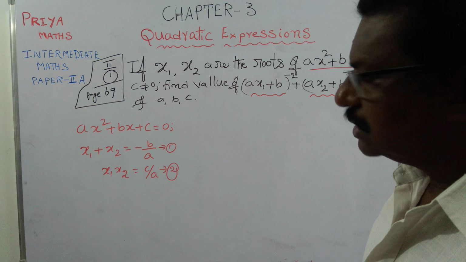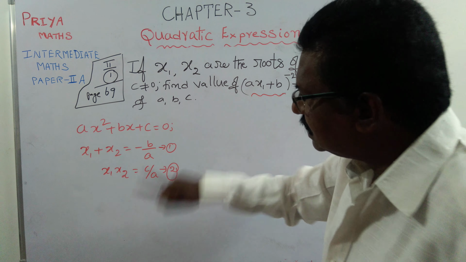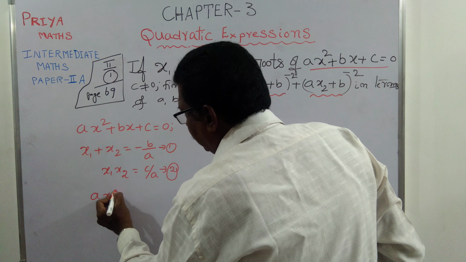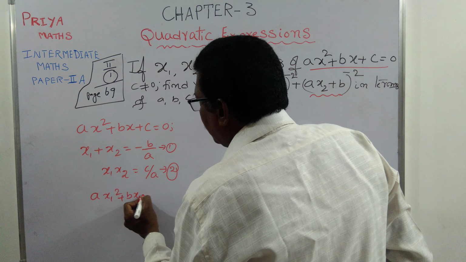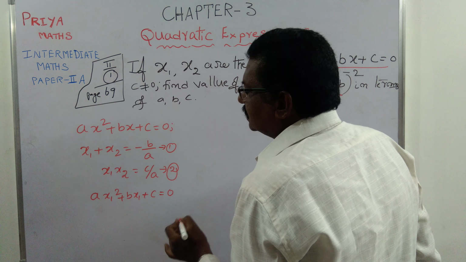Next, suppose x1 is a root of this equation. This equation can be written like this: a x1 square plus b x1 plus c equal to 0, since x1 is a root of the given equation. Now divide with x1 on both sides.